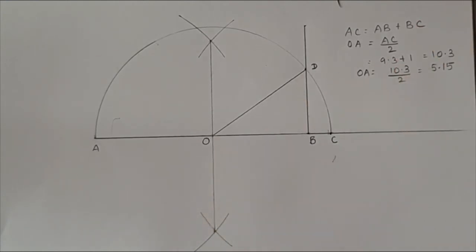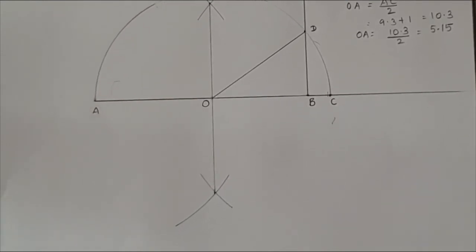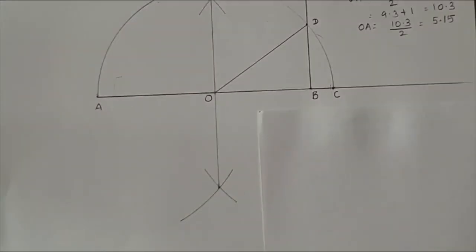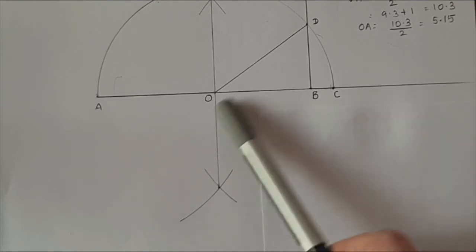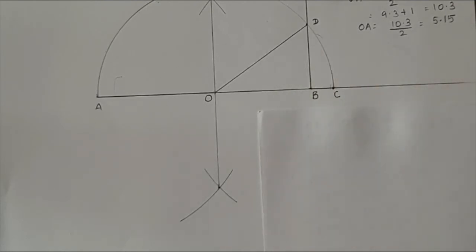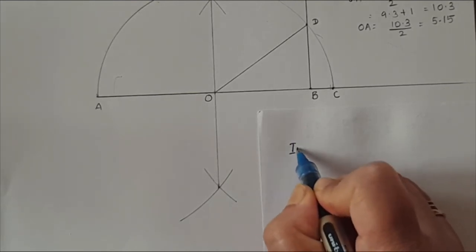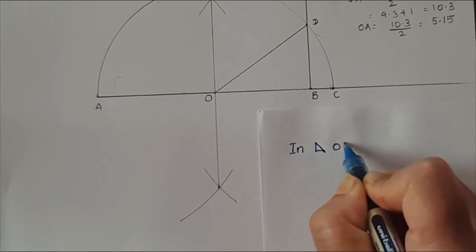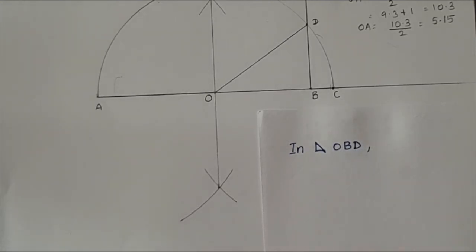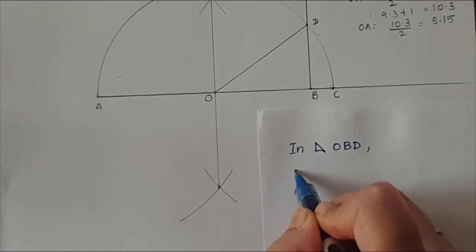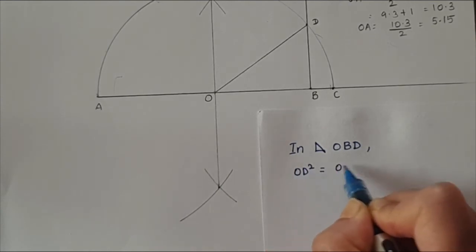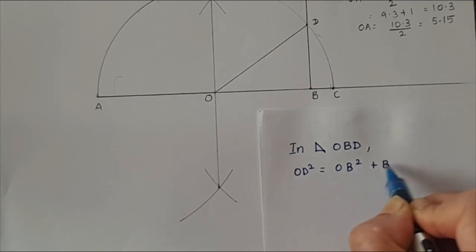Now OBD is a right triangle. We find out the length of BD by using Pythagoras theorem. So in right triangle OBD, OD square is equal to OB square plus BD square.